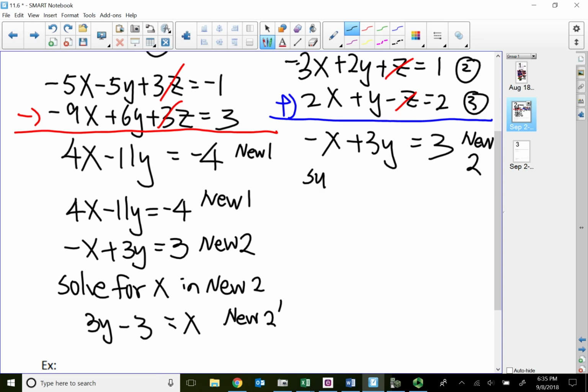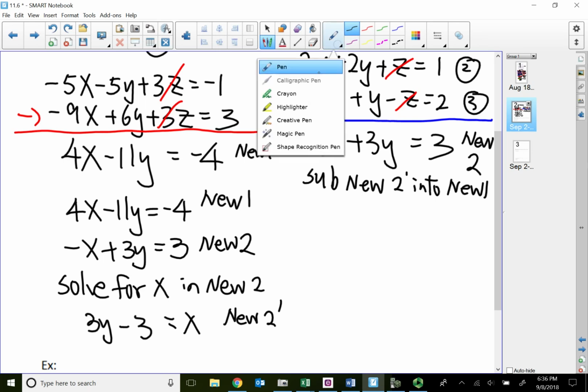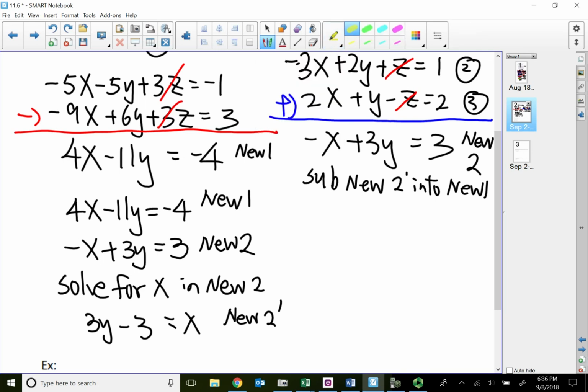So now I'm going to sub new 2 prime into new 1, for every x I see in new 1, with 3y minus 3. So that will be 4 times parenthesis 3y minus 3 minus 11y equal to negative 4.